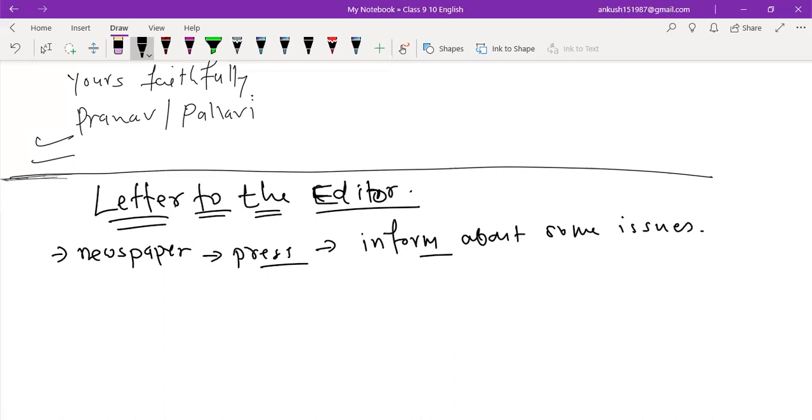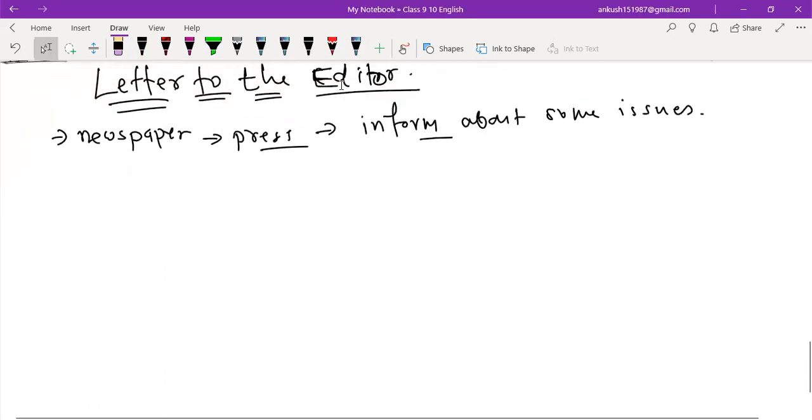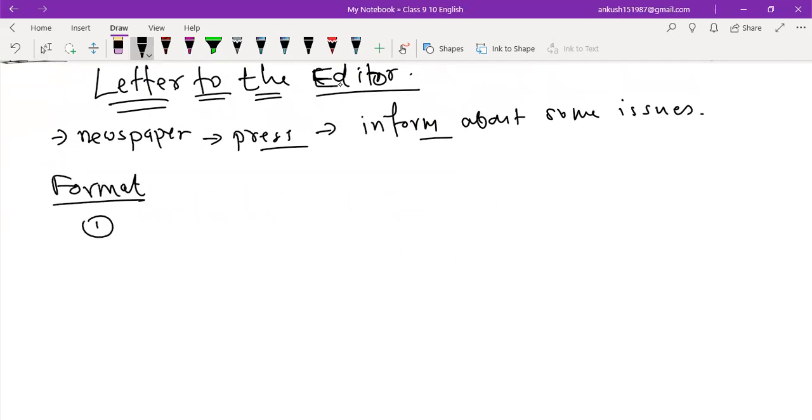The format of this letter is also the same as other formal letters. First, the sender's address. Second, the date should be mentioned.